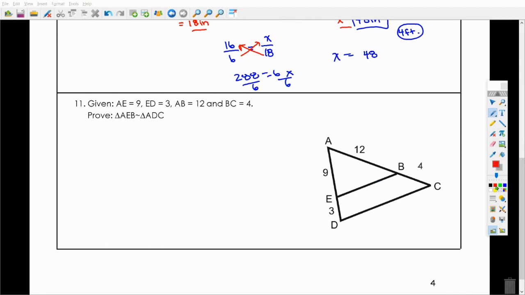All right, last one here. So given AE is 9, just the picture there, ED is 3, AB is 12, BC is 4. We want to prove that the two triangles are similar here. So there are a couple ways you could do this. I may have shown it a different way in class. But for here, we could do our triangle ratios and prove that the two triangles are similar.